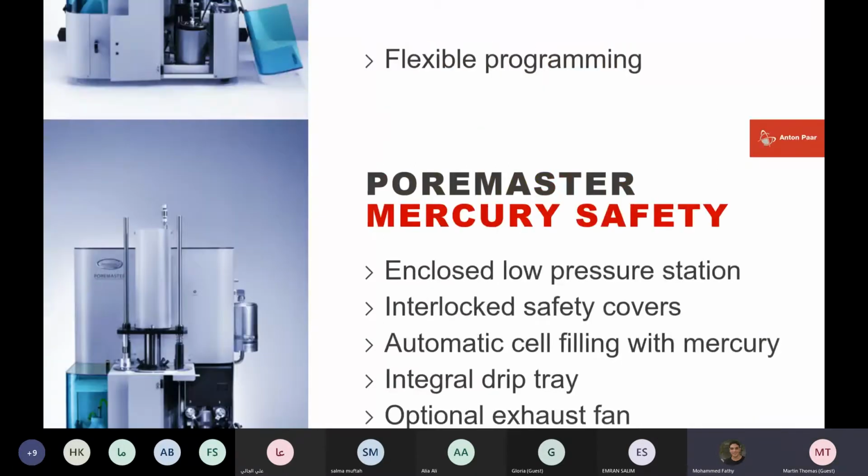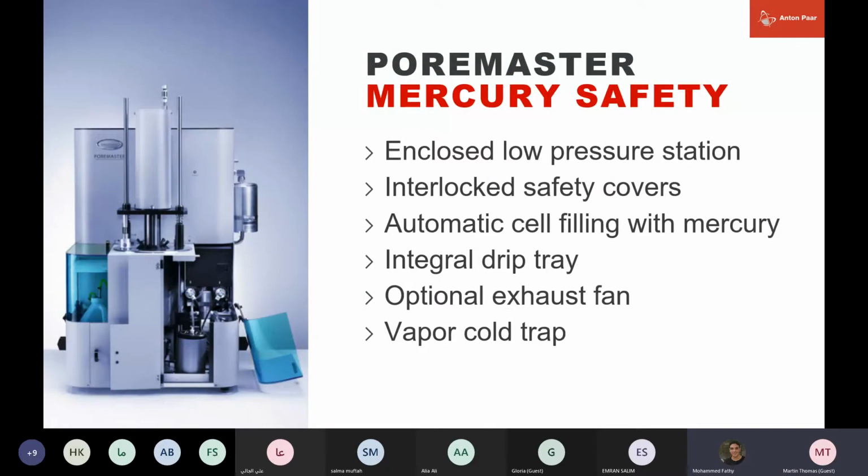So in terms of safety, which we take very seriously, basically the low pressure part of the system, this is where the sample cell is evacuated, where the instrument will fill it with mercury, and where it will make pore size measurements up to about 3.5 atmospheres pressure, 50 psi.